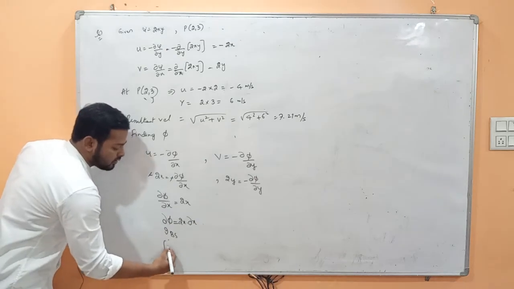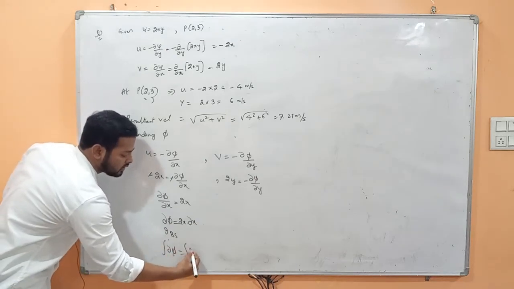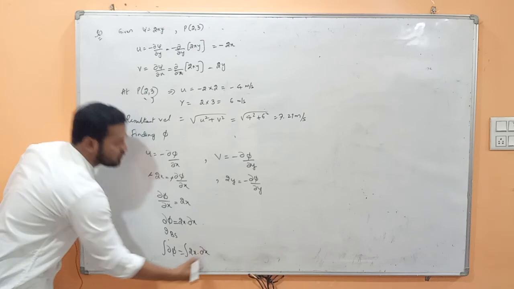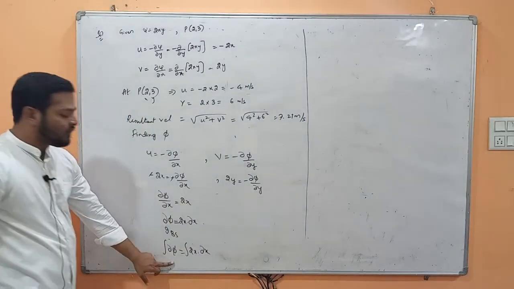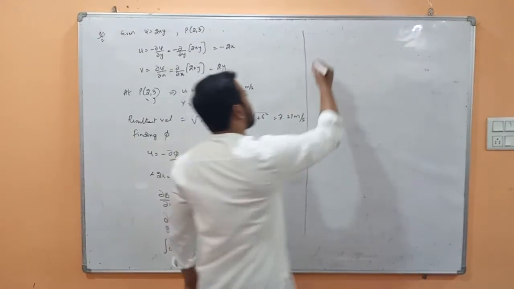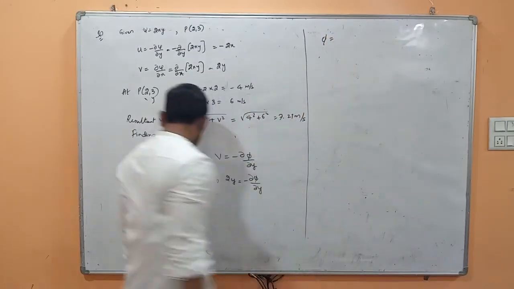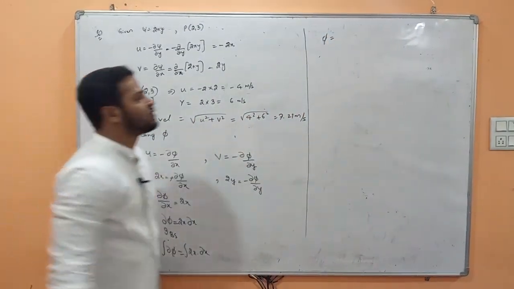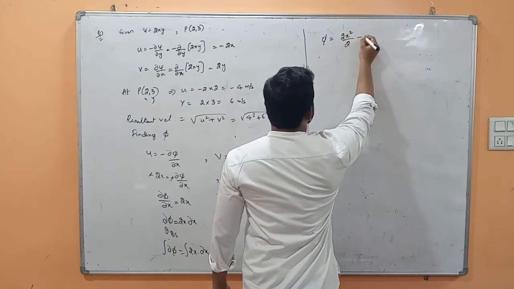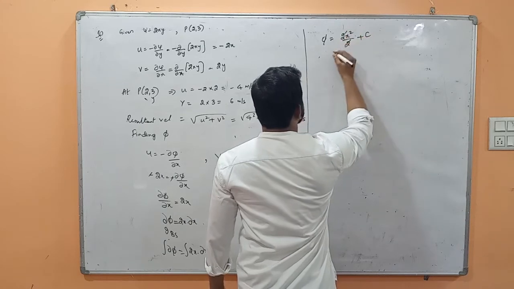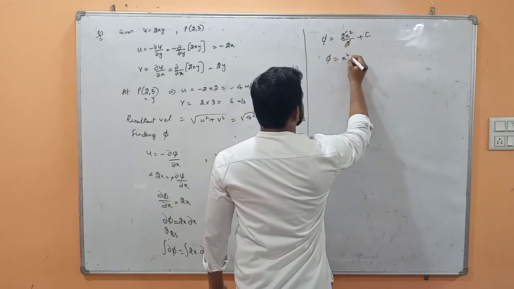So integral dou phi is equals to integral 2x into dou x. So what is integral dou phi now? Integral dou phi is phi is equals to integral 2x is 2 into x square by 2 plus constant of integration, 2 gets cancelled, phi is equals to x square plus c.